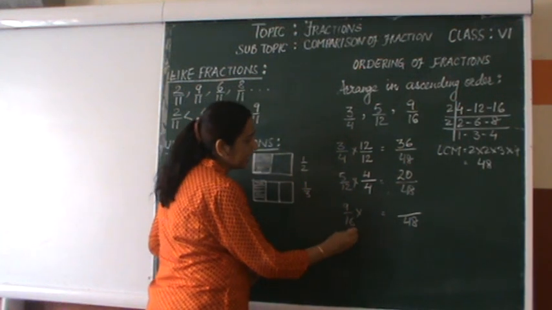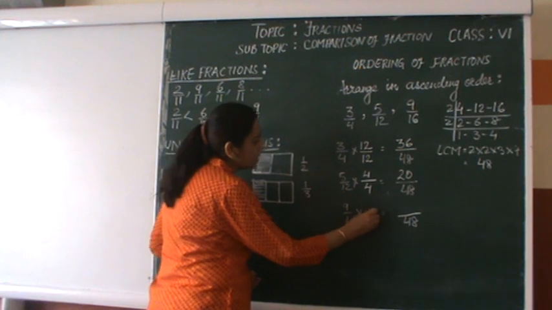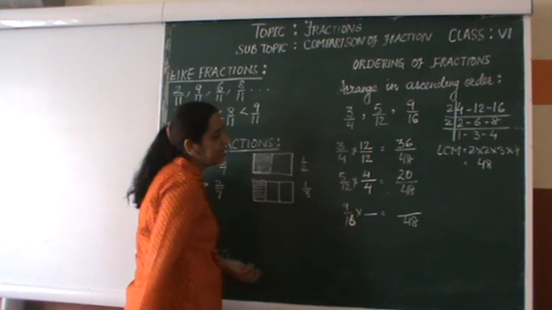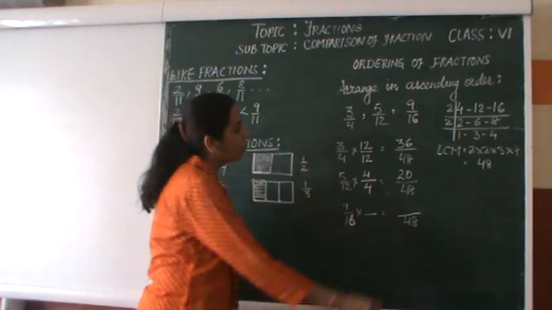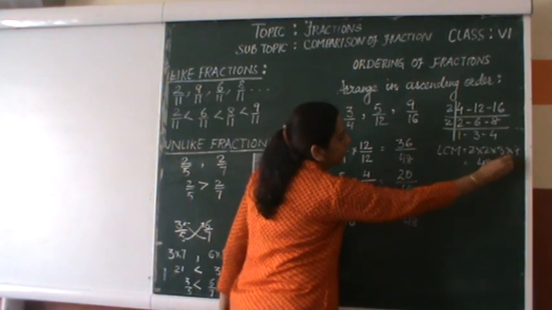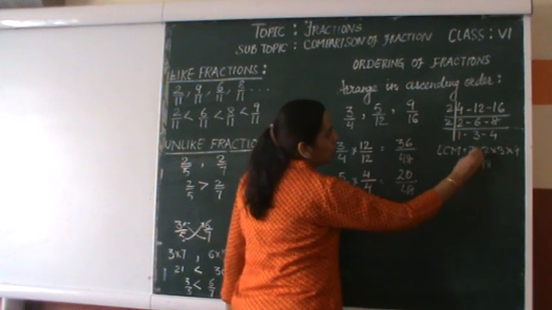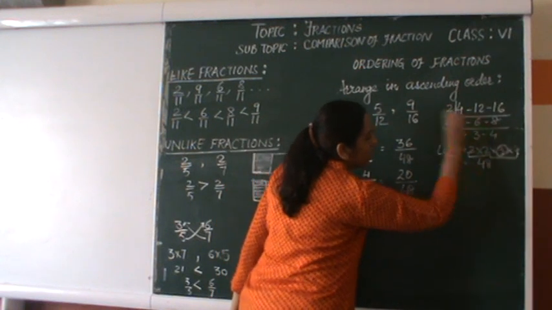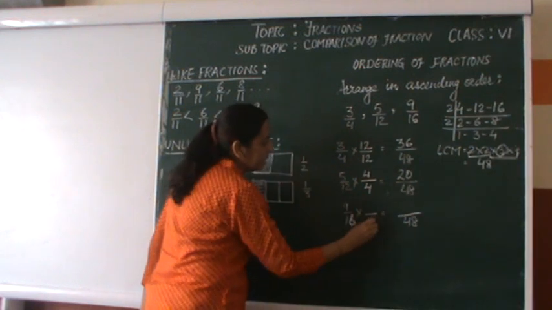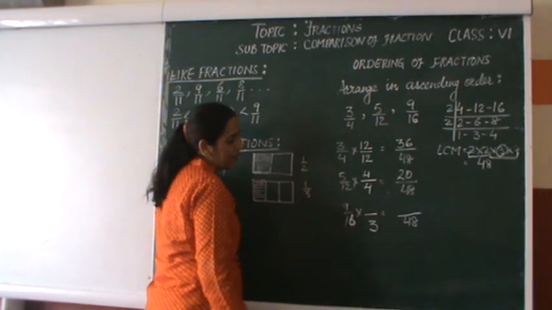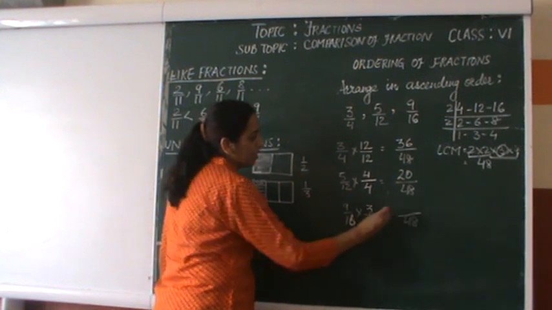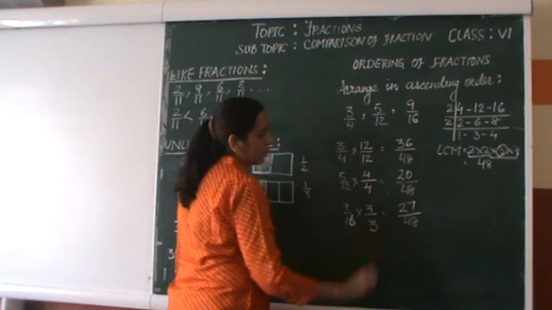Now this is 16. Again, suppose you are not sure by which number you should multiply 16 so that 48 comes. You see by which factors you can have 16: 2 2s are 4 and 4 4s are 16. So 3 is left. It means 3 will be multiplied in the denominator as well as in the numerator. So this is 27 by 48.